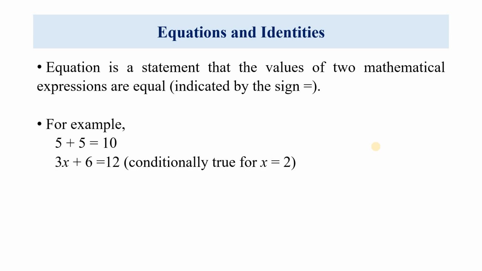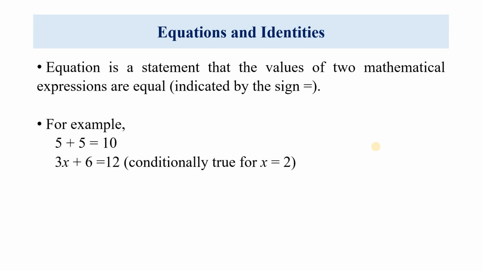Then come to the point, our final ingredients in a mathematical model are equations and identities. An equation is a statement that the values of two mathematical expressions are equal, indicated by the equal sign.